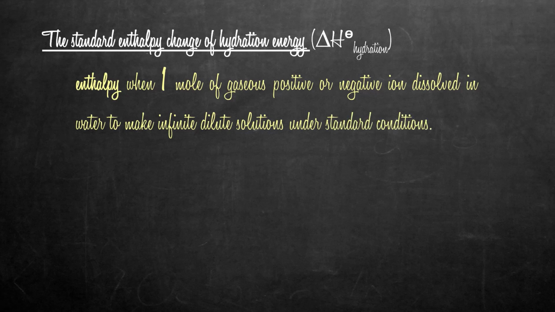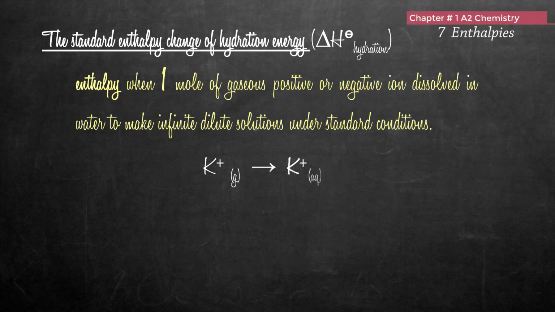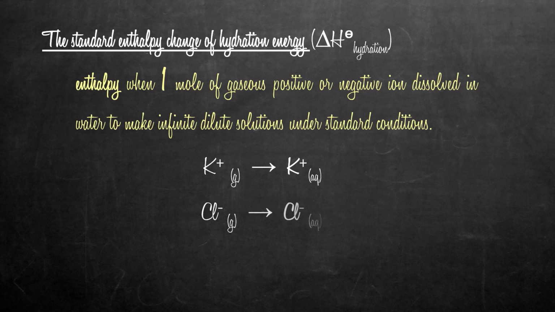For example, when potassium positive gaseous ion is dissolved into the water to make potassium aqueous ion, enthalpy change or energy release in this case is known as enthalpy of hydration of potassium ion. Same is the case when Cl negative gaseous ion is dissolved in water to make Cl aqueous negative ion. So this energy release is known as enthalpy of hydration of Cl negative gaseous ion.